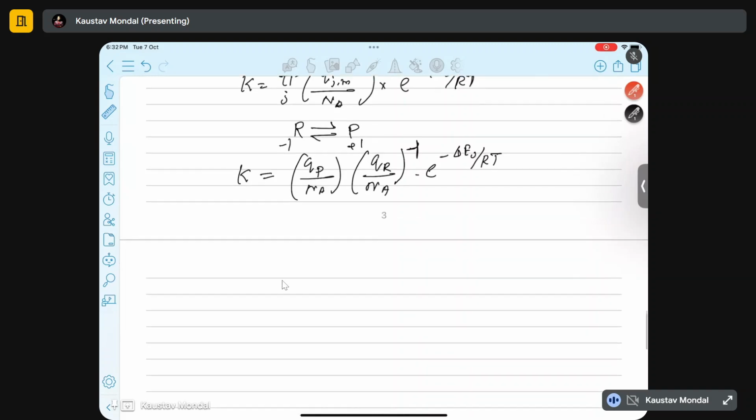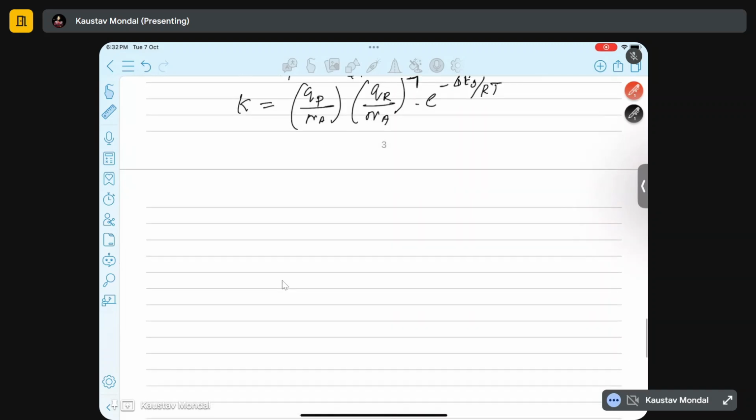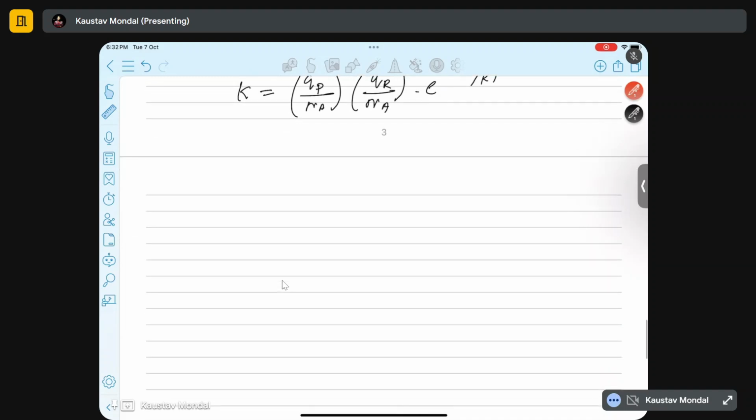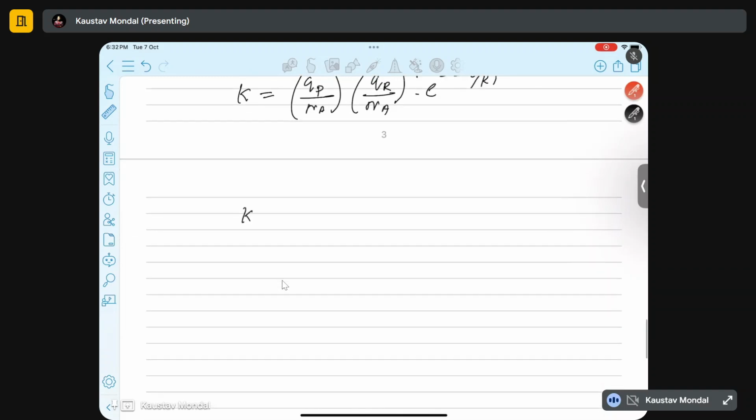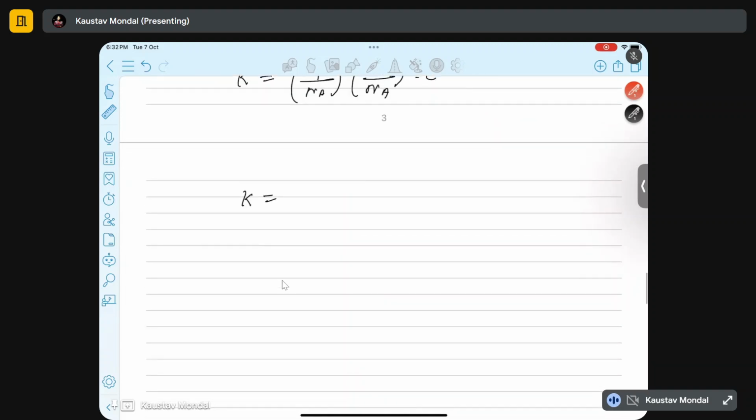We can certainly write it like this. Now from here, K looks like, if you just cancel the Na, QP by QR into e to the power minus delta E0 by RT.